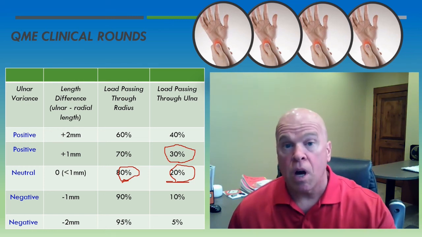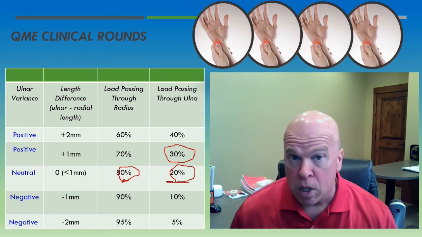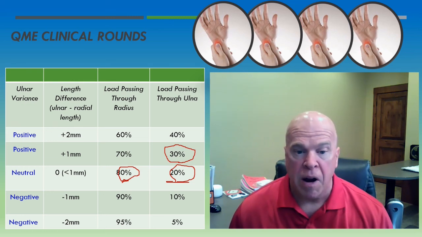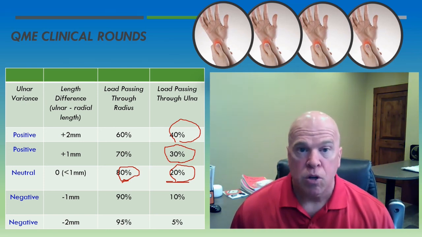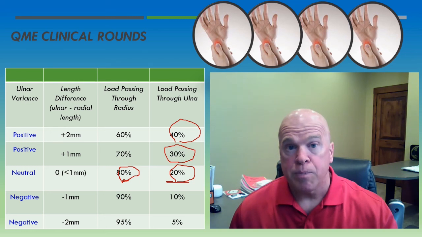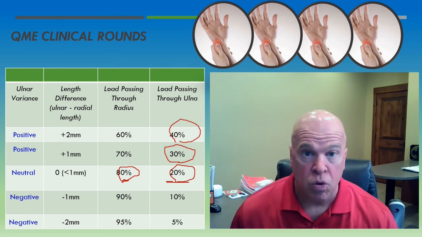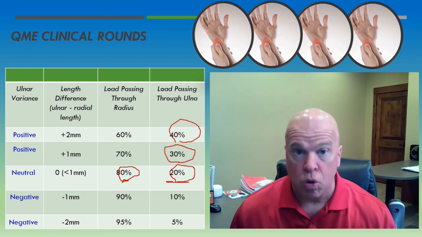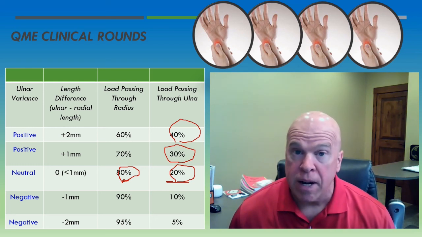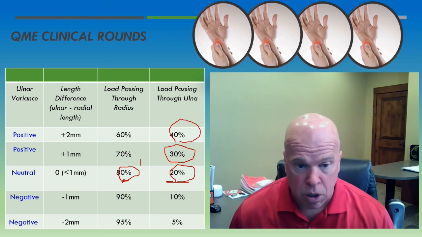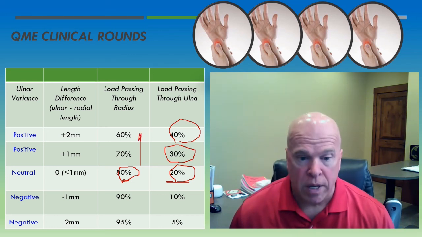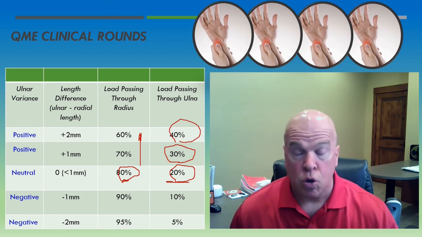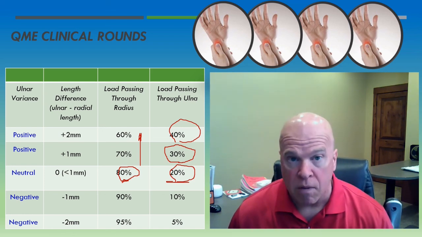In the case that we just saw, we had between a 1 and 2 millimeter positive ulnar variance. With a 2 millimeter ulnar variance, we're seeing a doubling of the load-bearing forces being transmitted through the ulnocarpal joint as is transmitted through the ulnocarpal joint in cases with a neutral or zero ulnar variance, and a corresponding diminution in the load-bearing forces through the radiocarpal joints in cases of increasing positivity of ulnar variance.